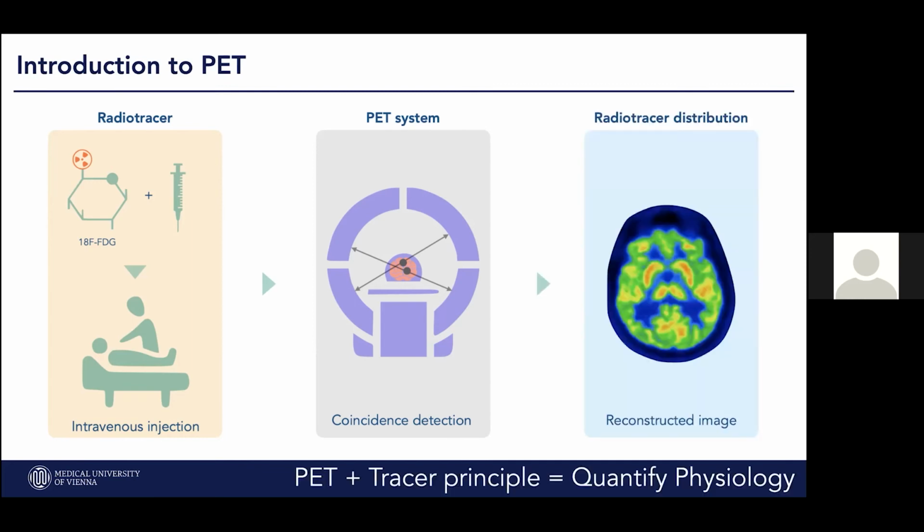And out of this collected data from the emission scan, we reconstruct the radio tracer distribution. And not only do we see these beautifully colored images, in this case, it's FDG of a brain with an axial slice, but we can also quantify these concentrations of the tracer in the different tissues and organs. So through the use of PET and the tracer principle, we are able to quantify physiology.